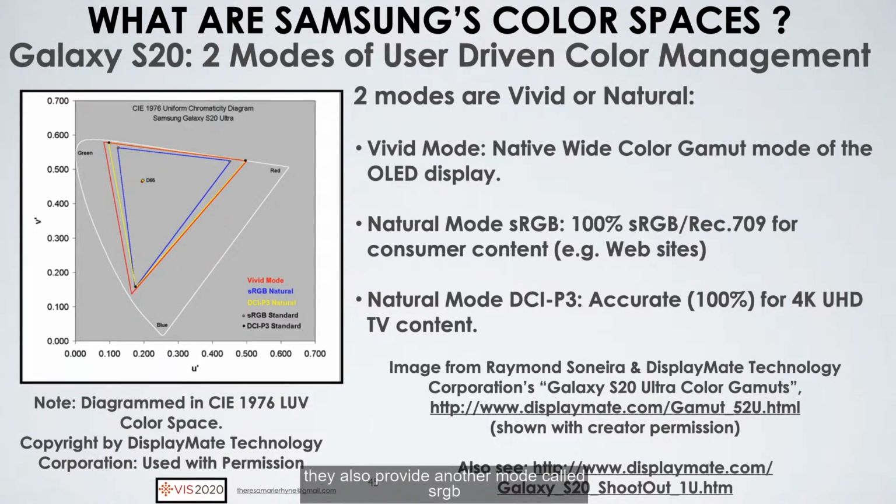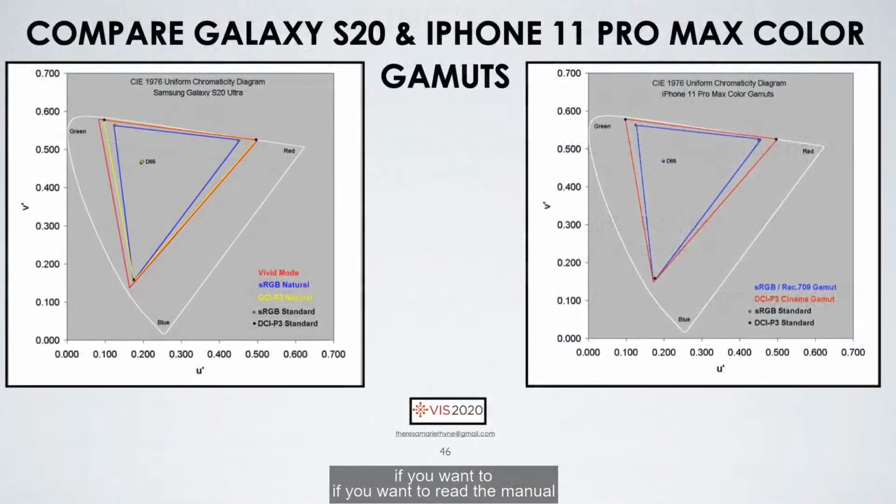They also provide another mode called sRGB. So they have a vivid mode and a natural mode. The interesting thing about Samsung is most people go to defaults. On iPhone, you must accept what they put as your content. For Samsung, you can change your display systems if you want to, if you want to read the manual.